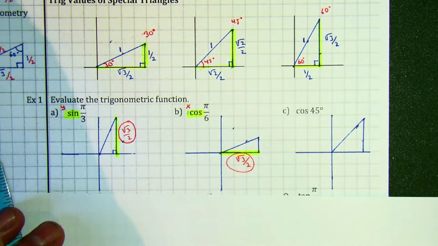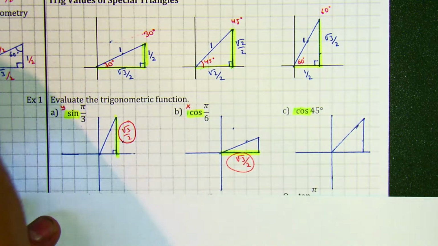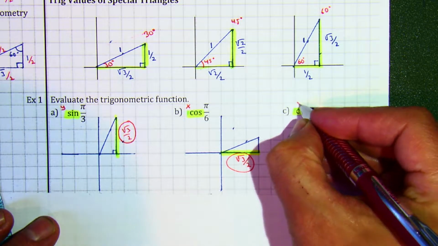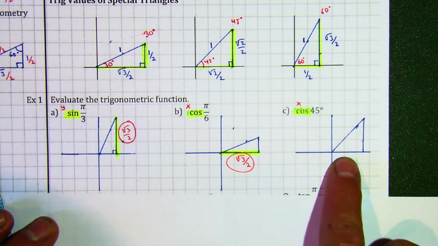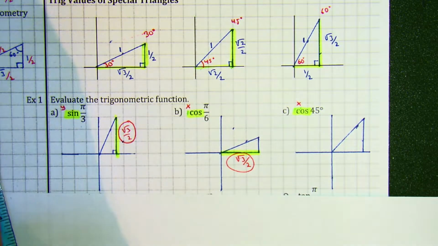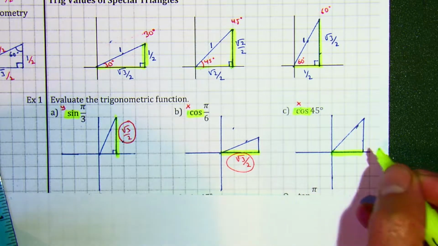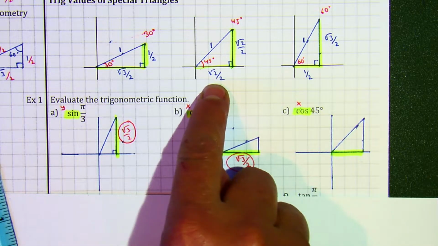And then I need to think cosine. Is that your x or your y value? Cosine is your x value. And your x value is what is the length. Remember, we're talking about the length of this side, which on the 45 is square root of 2 over 2.